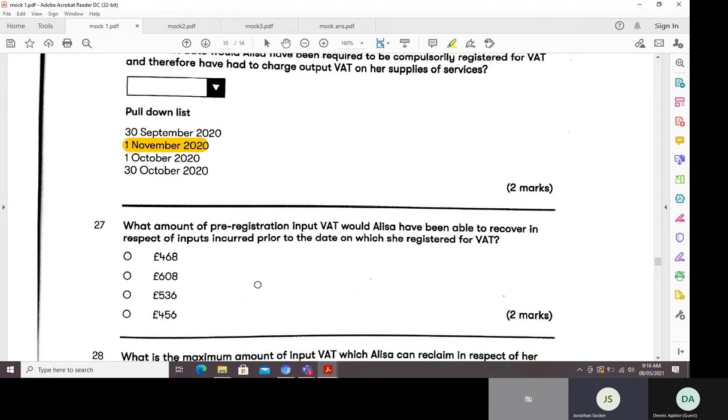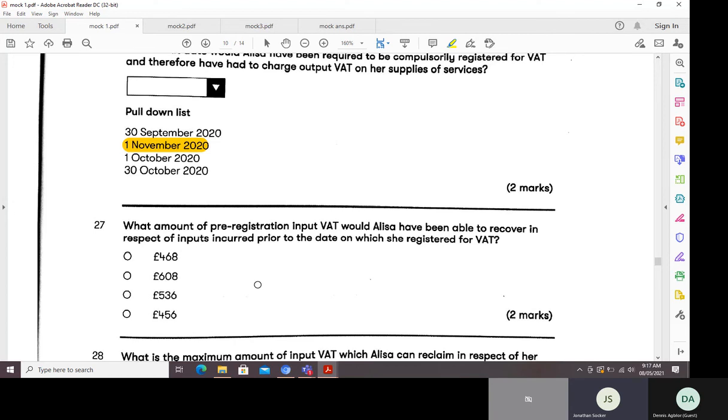And the goods must not be sold as at the date we are registering for VAT. If they are sold out, you cannot claim the input VAT. We have to see the goods in stock as at the date of registration.